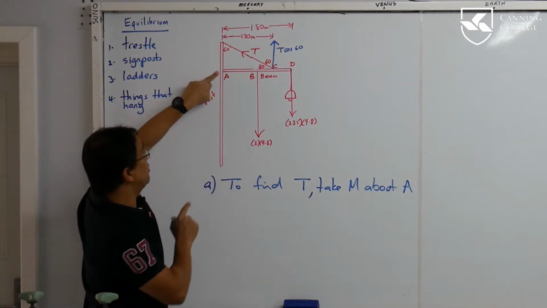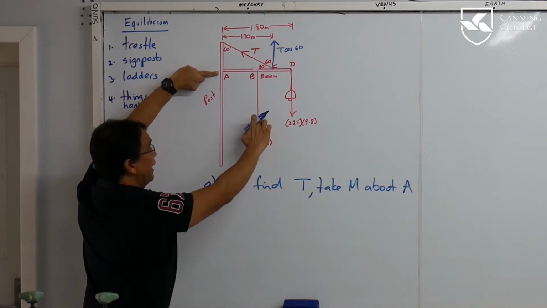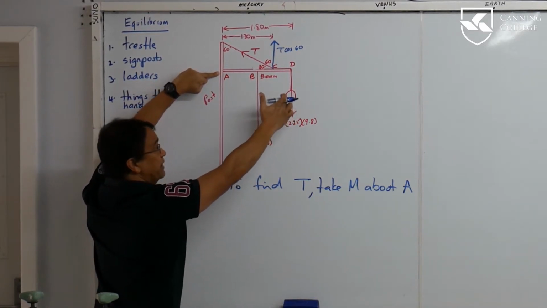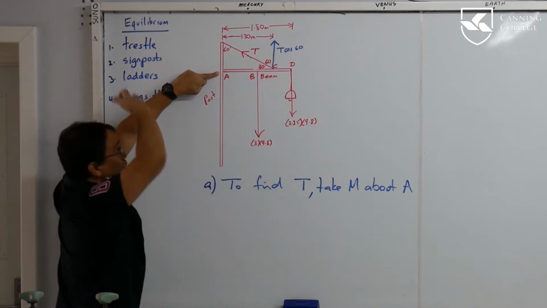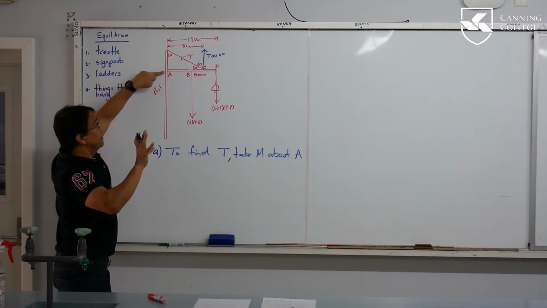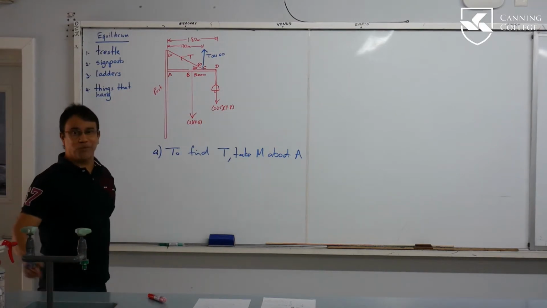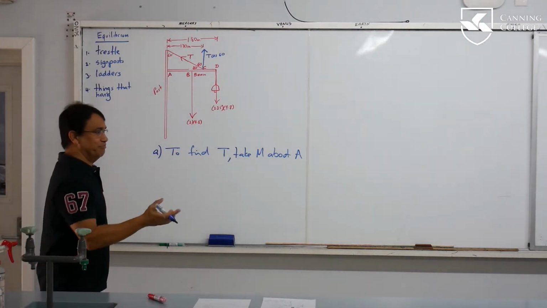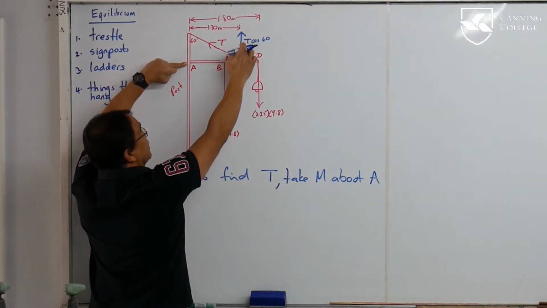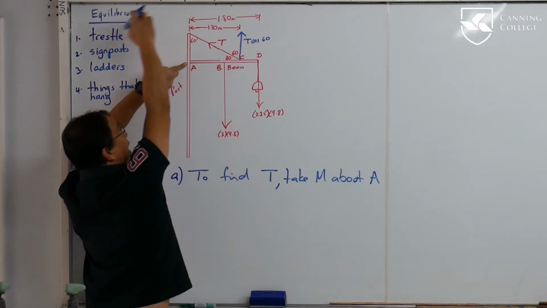We take moments about point A, which means the weight of the beam is going to be producing a clockwise moment about point A. The sign or the lamp at the end of the beam is going to be producing a clockwise moment, and both of those are going to be put into equilibrium by an opposite moment, which is going to be the vertical component of tension in the cable, which is producing an anti-clockwise moment.